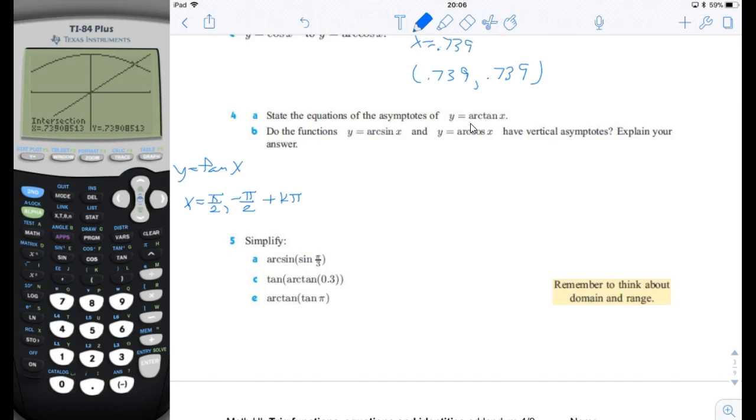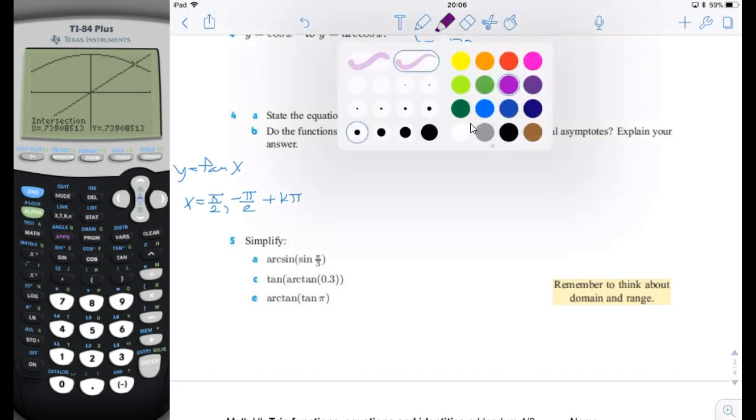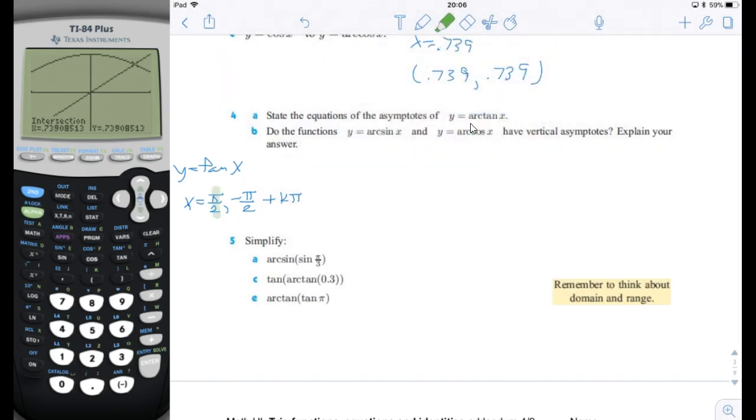So the two values that we're going to use before we reflect about the y equals x diagonal line would be these two values here.